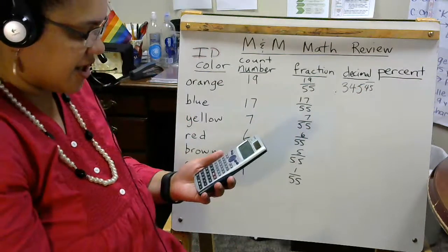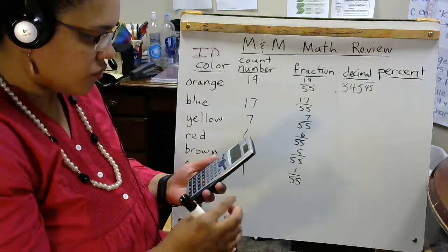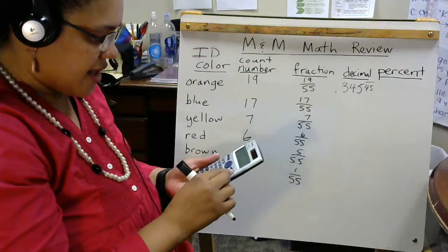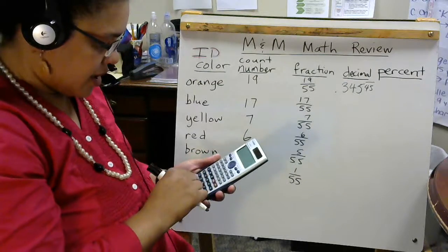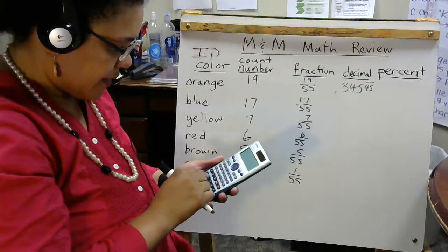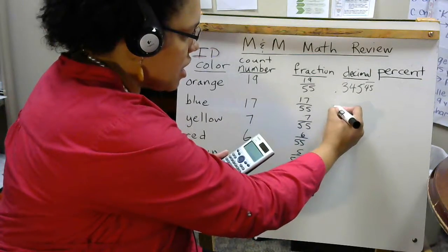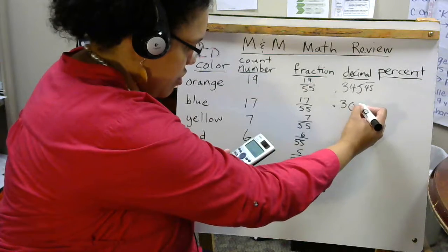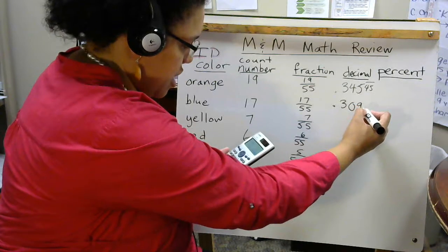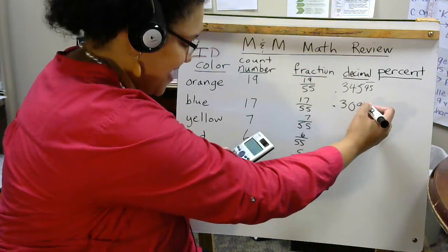I'll put a bar over that to show that it repeats. Okay, and then 17 divided by 55, 0.309, and this goes 090909.